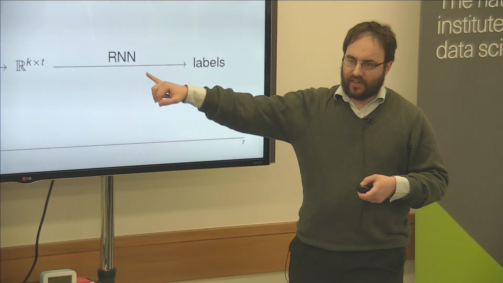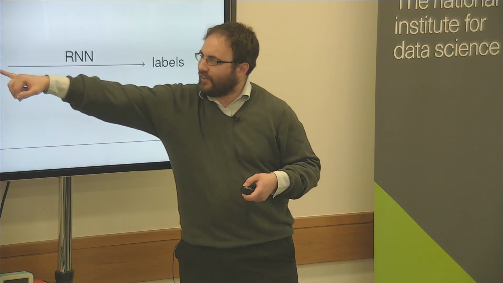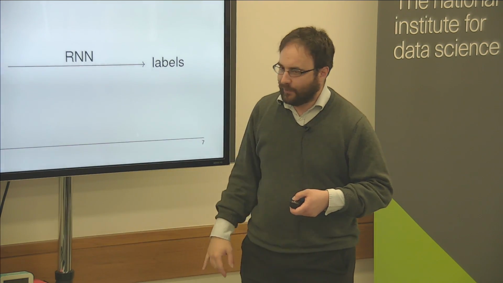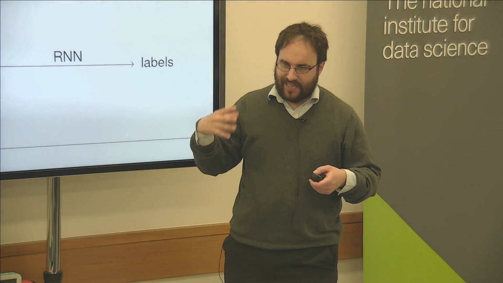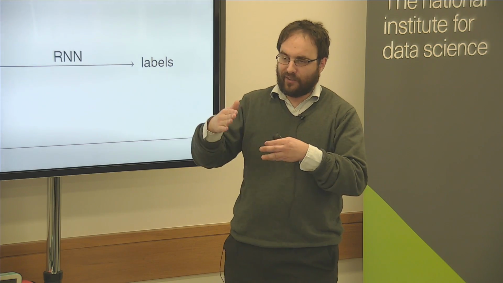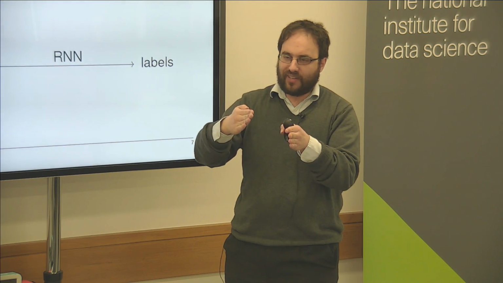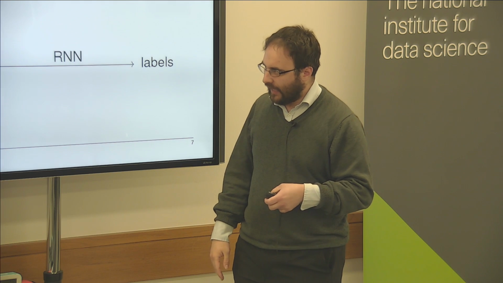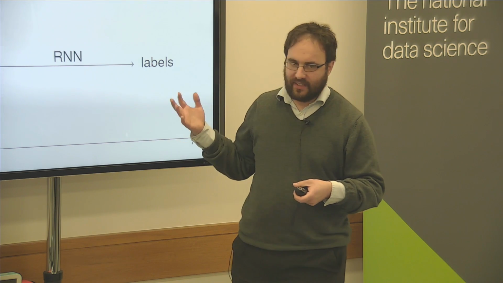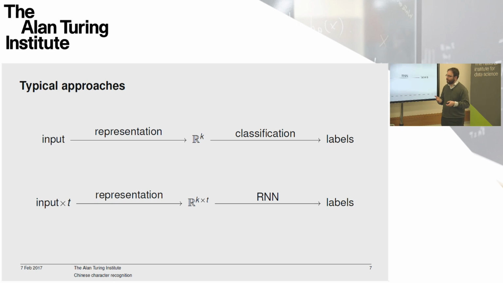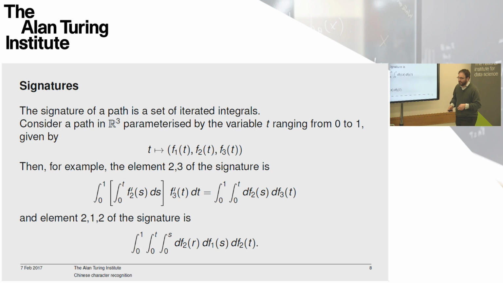So if you were to squash this into R to the big K, you'd lose. The classifier would have to learn afresh that, for example, a small translation in the time direction is not very meaningful, and that would be a waste of time for the classifier to have to learn.